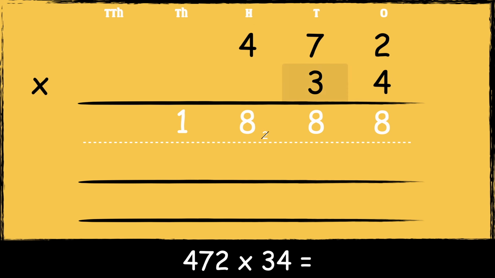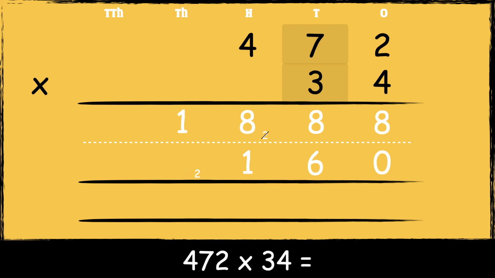Next, we multiply 3 tens by 2. As we're now multiplying the number in the tens column, we need to use 0 as a placeholder in the ones column. 3 times 2 is 6. Next, we multiply 3 tens by 7 tens. 3 times 7 is 21.